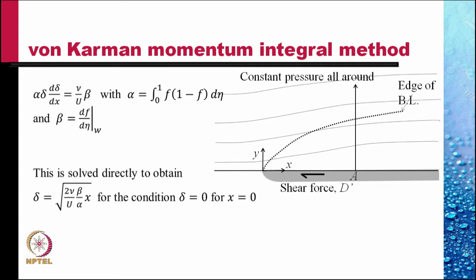So, von Karman proposed that we choose a velocity profile to meet these conditions. And if we do this, we evaluate alpha and beta, which are simple integrations, and then the growth of delta can be obtained in this manner.